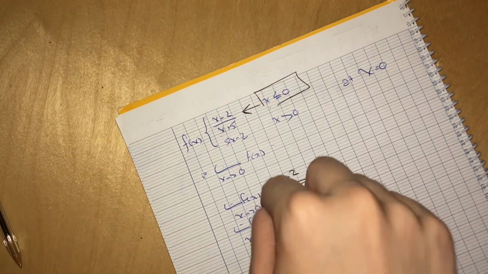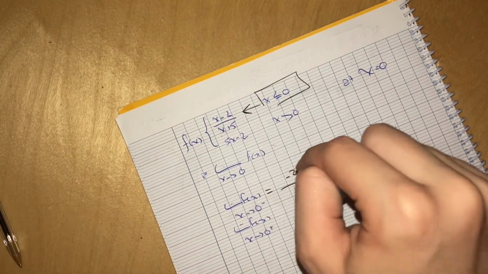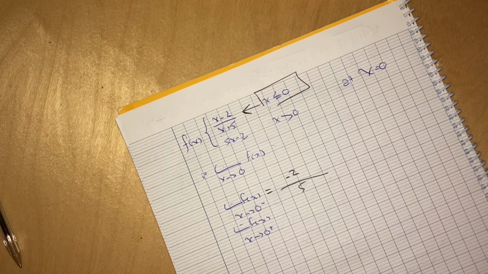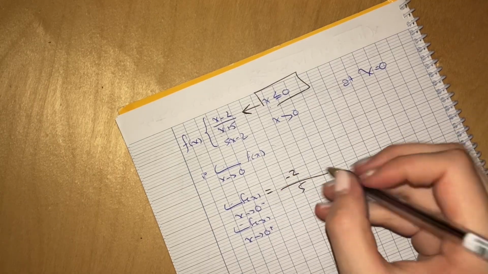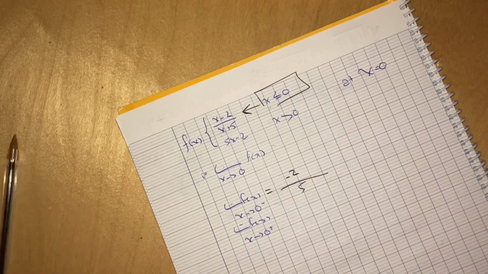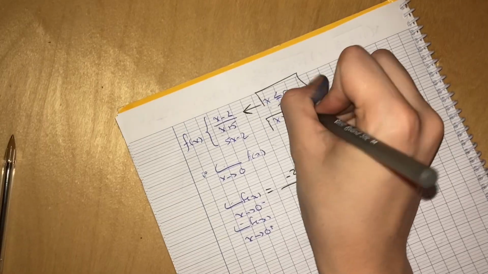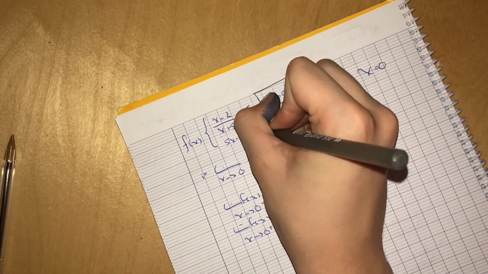Now, the limit of f of x as x tends towards 0 plus: 0 plus first of all means it needs to be a bit higher than 0, which is true in this case.